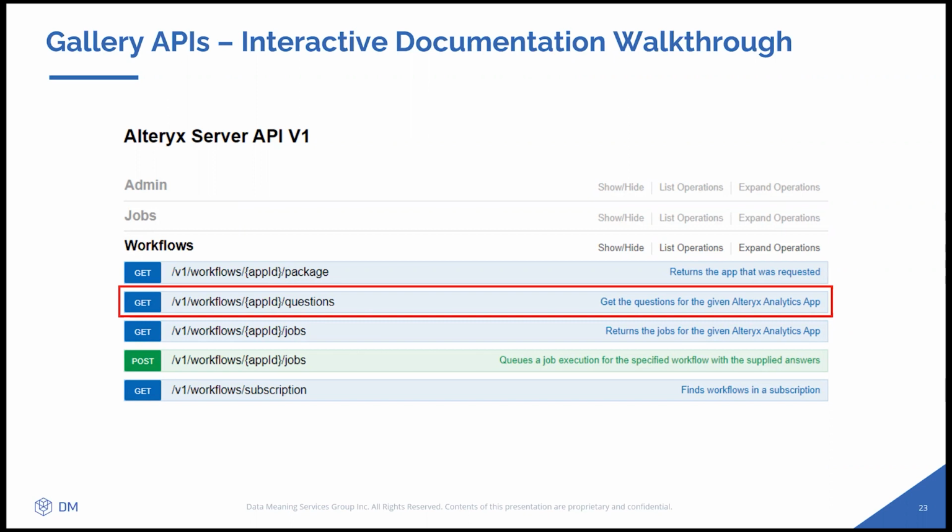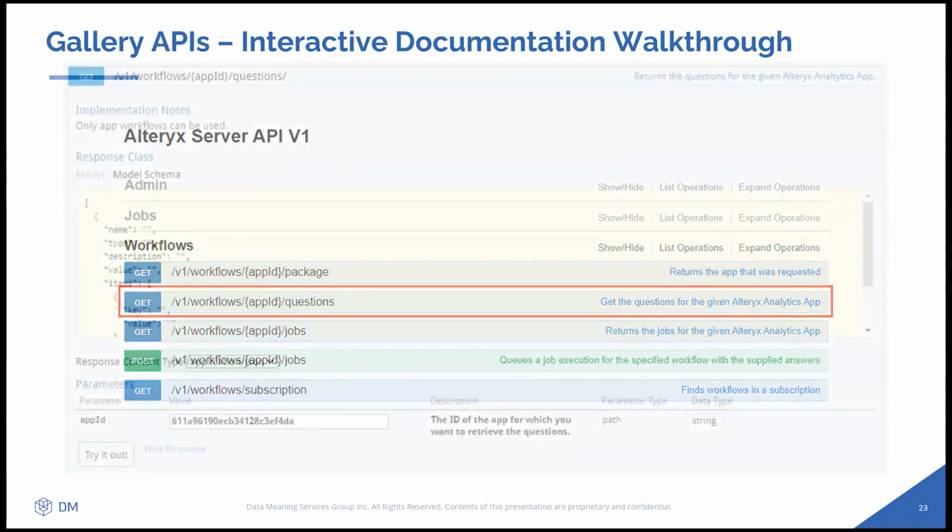So you know that when you have an Alteryx Analytic app, you have some questions that the user needs to answer in order to run that workflow from the gallery, right? This particular endpoint here is going to retrieve a list of all the necessary questions for that particular analytic app, okay?